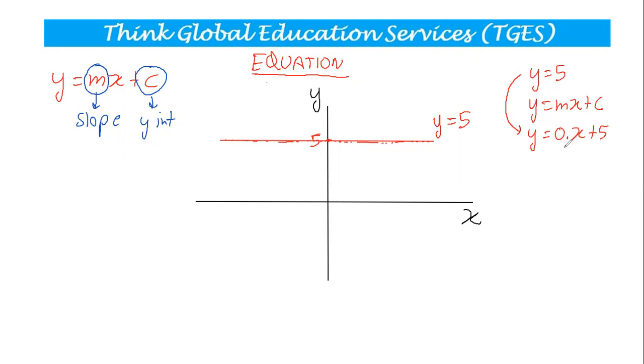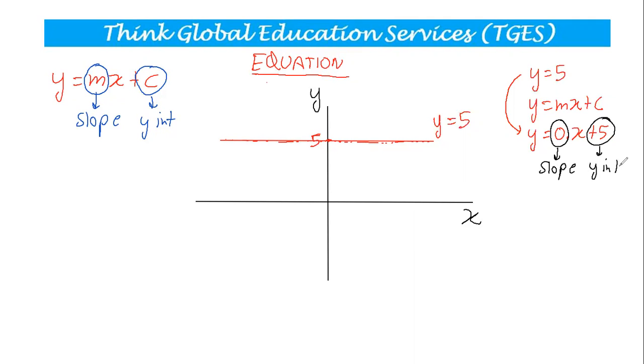Now what's the significance of this? Why am I doing this? Because if I'm able to express any equation of a line in the standard form, I can directly read off the slope and the y-intercept. So here, the slope is 0 and the y-intercept is positive 5.